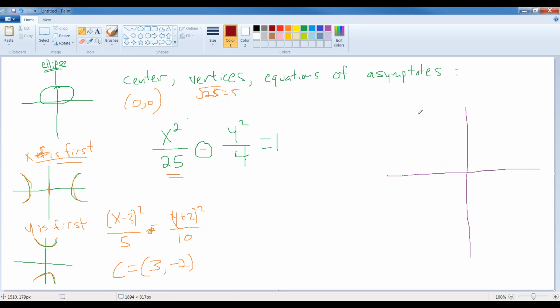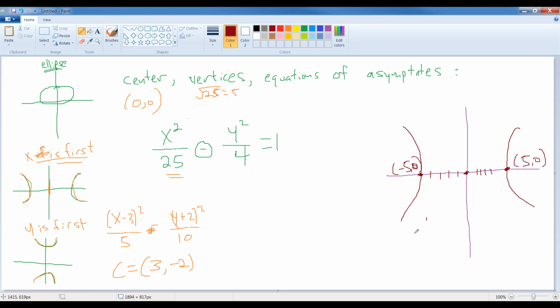So for this equation, the x is first, so the graph is going to look something like this. How far away are they from the center? The origin is over here, which is 0, 0. And the answer is they're 5 away. It's whatever the square root of this is, which means if we go 1, 2, 3, 4, 5, that's going to be one vertex. And the other one will be over here, which means the vertices will be 5 and 0, and the other one will be -5 and 0.